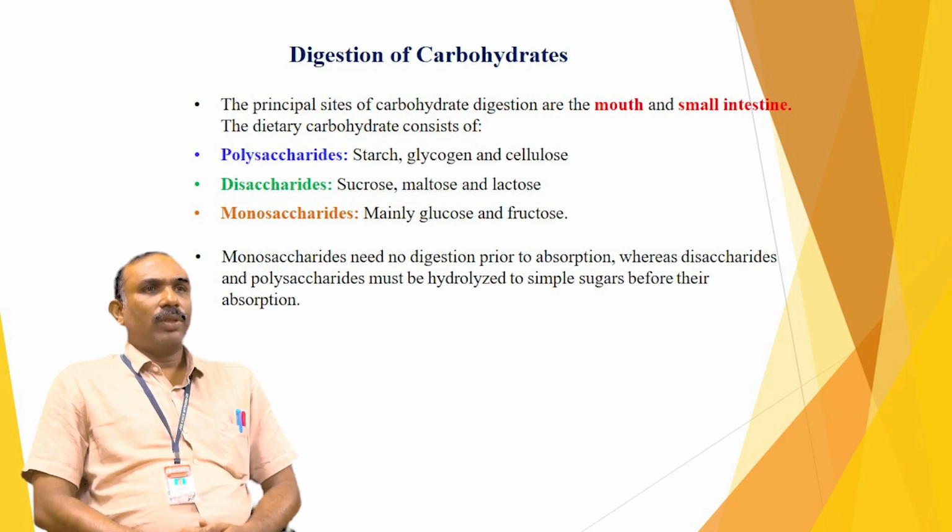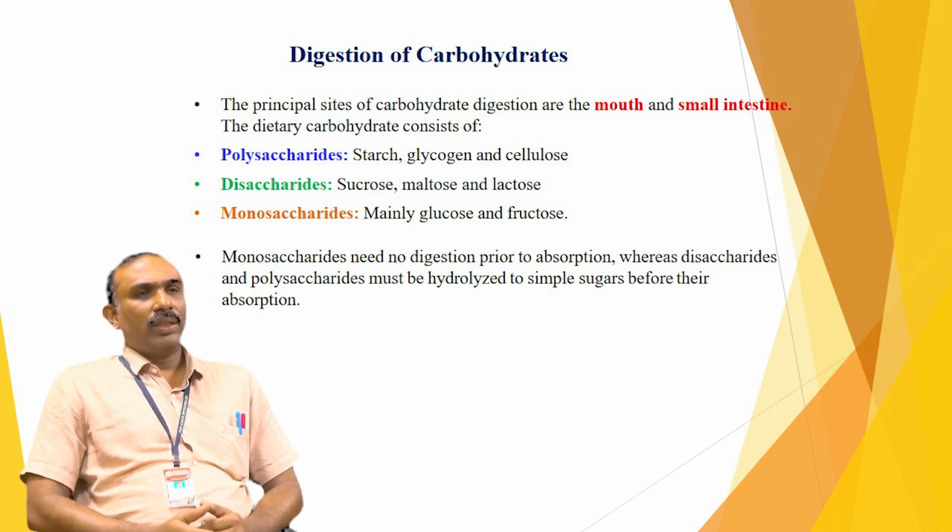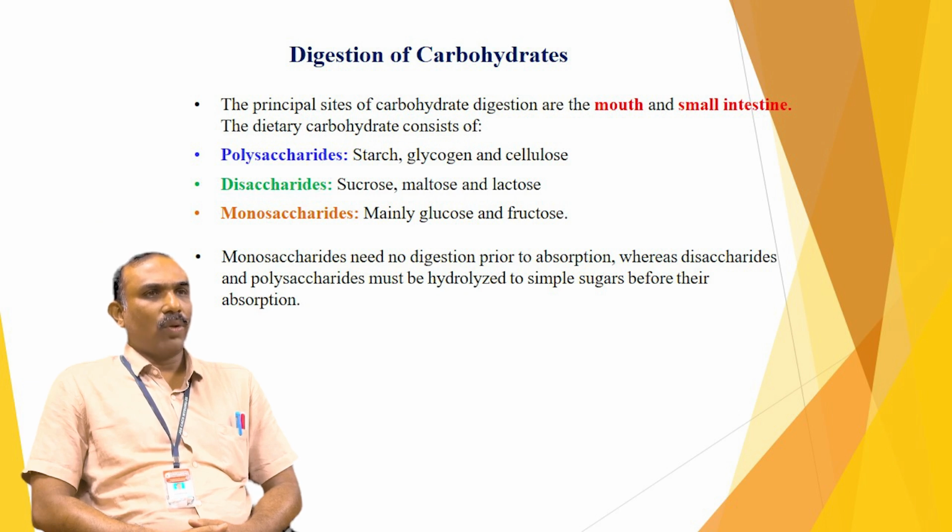Then coming to the digestion of carbohydrates, the principal sites of carbohydrate digestion are the mouth, where carbohydrates in the diet are initially digested, and then the food enters the stomach and the small intestine. The second site of digestion of carbohydrates takes place in the small intestine.